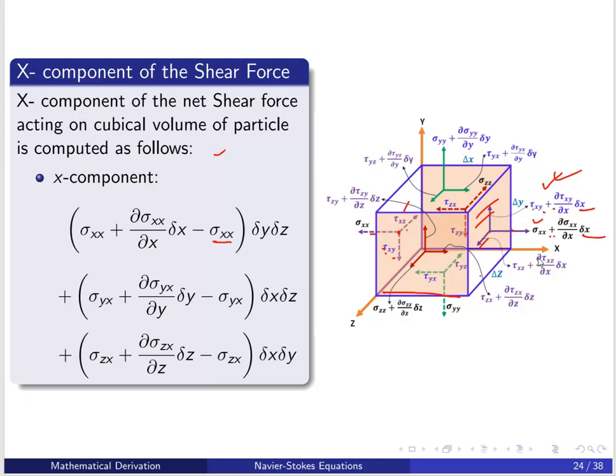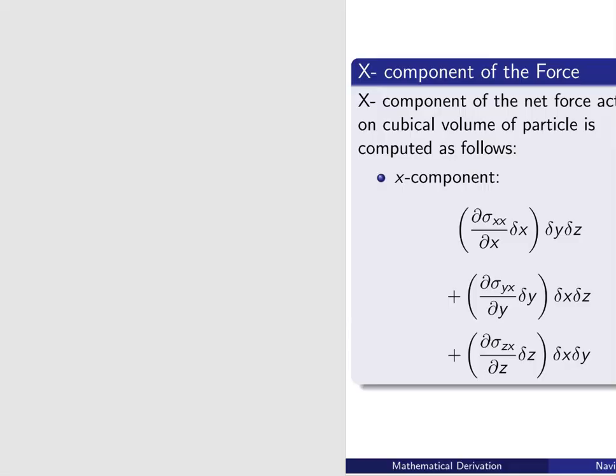One acts in this direction and the other in that direction, so we have to make one negative. Then this component will be sigma yx plus dou sigma yx by dou y into delta y, minus sigma yx, into del x del z. Similarly sigma zx plus dou sigma zx by dou z into delta z, minus sigma zx, into del x del y. So we'll get the x component.